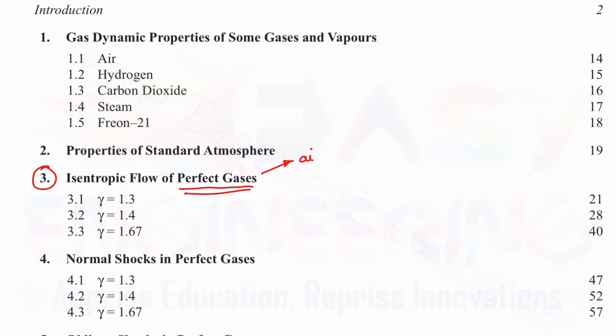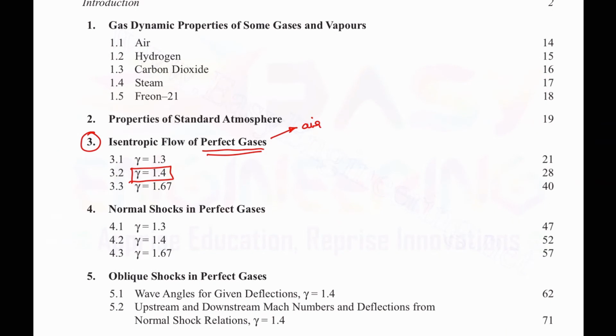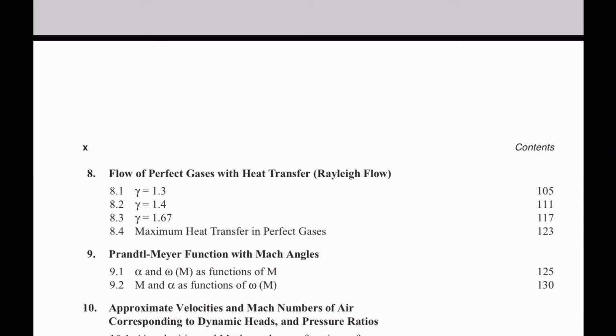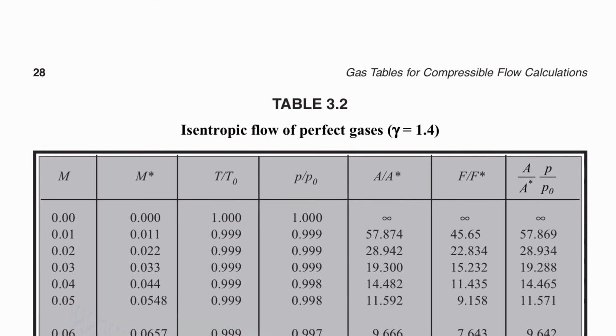So this is air, perfect gas, and for air, gamma is equal to 1.4. I'll scroll to that page. The page number here is written as 28. Now observe this: we have the gas table for perfect gas, table number 3.2, where gamma is equal to 1.4.